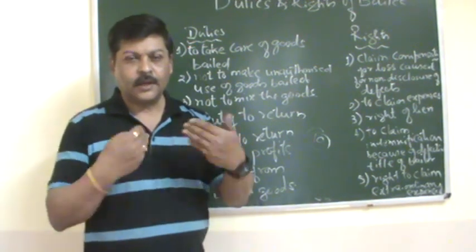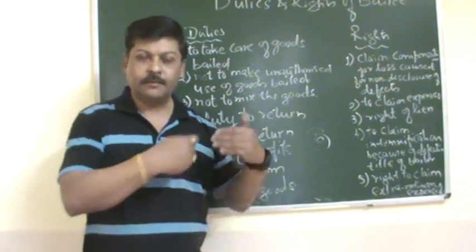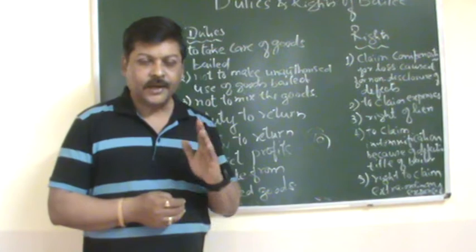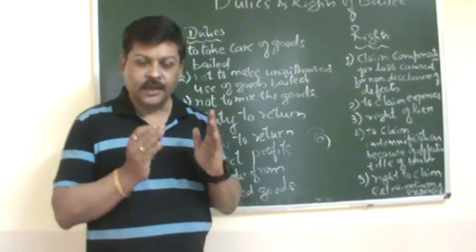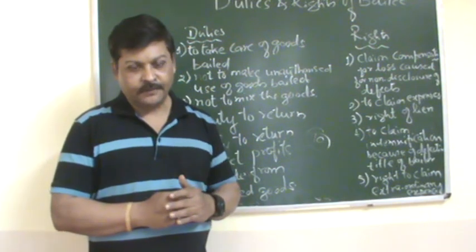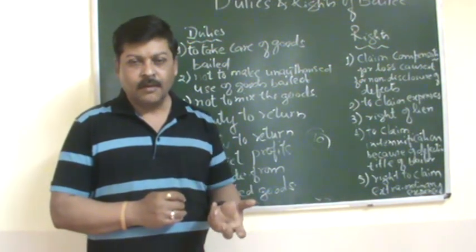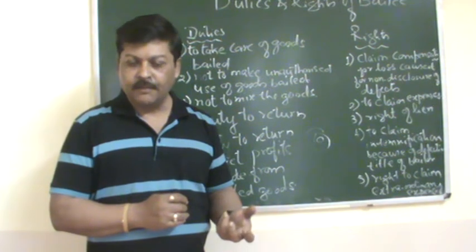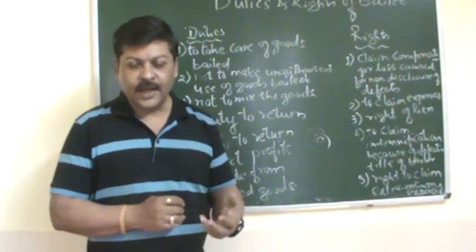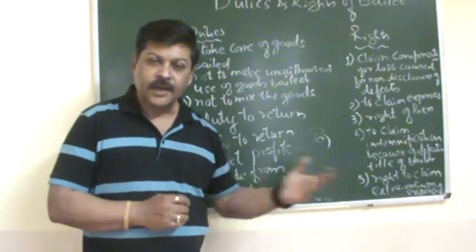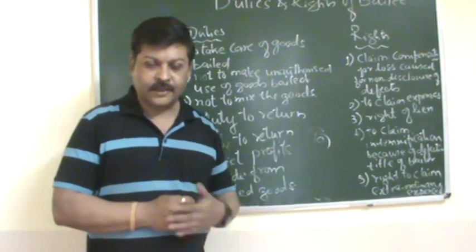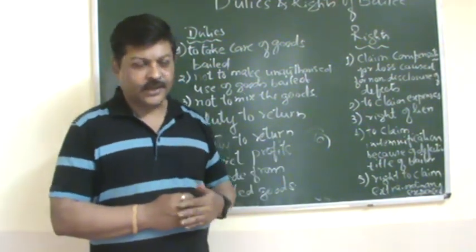Now the previous example I had given you, where Y had deposited the jewelries of X in the bank locker, and he bore the expenses of the bank locker, the bailee has the right to claim it from the bailor. So once delivering back the goods, he can claim those expenses.